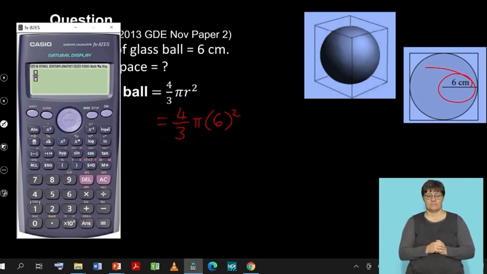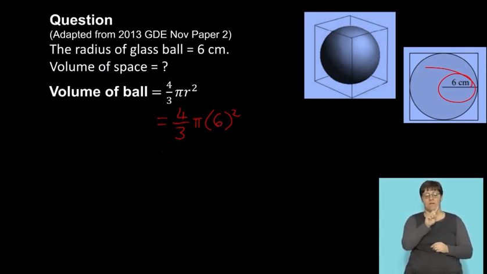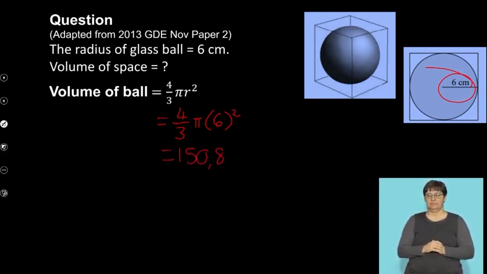So it is 4/3 multiplied by pi multiplied by 6 squared, which is going to give me 150,8, because if I round to the second decimal place, that 796 will become 8. So 150,8, and we know it's centimeters cubed because it is in fact volume.